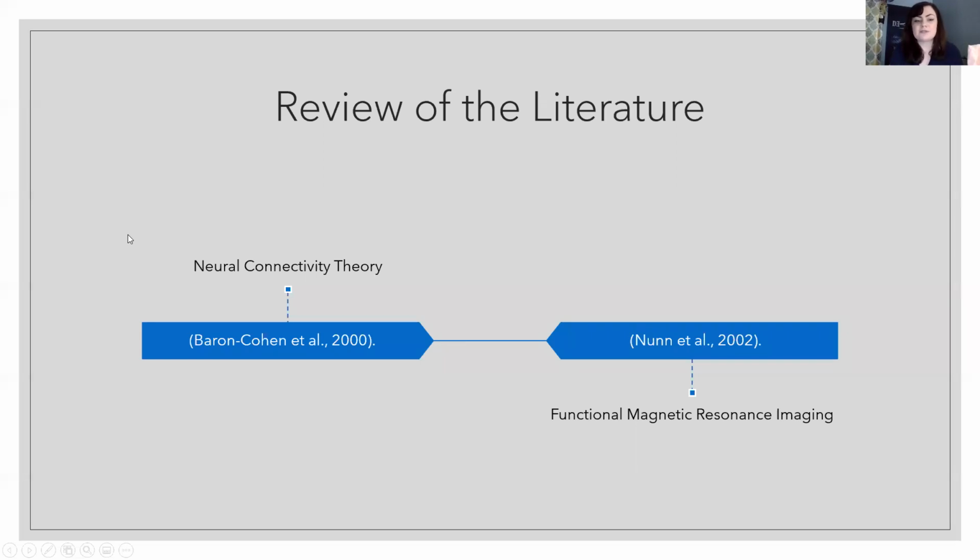So, a review of the literature. The neural connectivity theory, which was done in 2000, focused on a surplus of connections within the brain. A study done in 2002 gave fMRI scans to patients with chromesthesia.